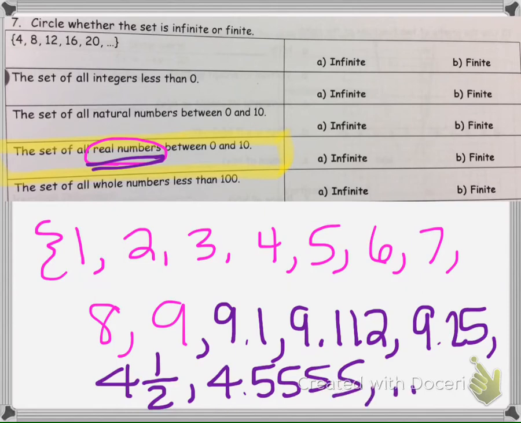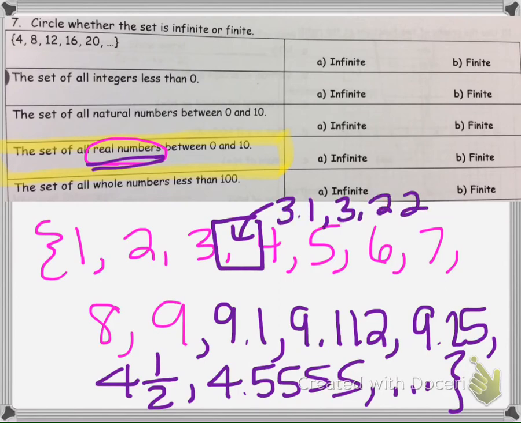There's an infinite amount of elements in this set because in between just 3 and 4 there's an infinite amount. You could have 3.1, you could have 3.22. There's an infinite amount of numbers in between each of those natural numbers. Because we've allowed real numbers, that means all numbers. So this is infinite.